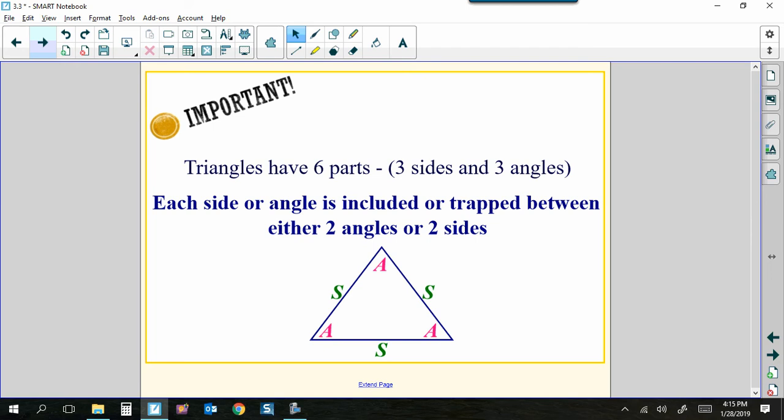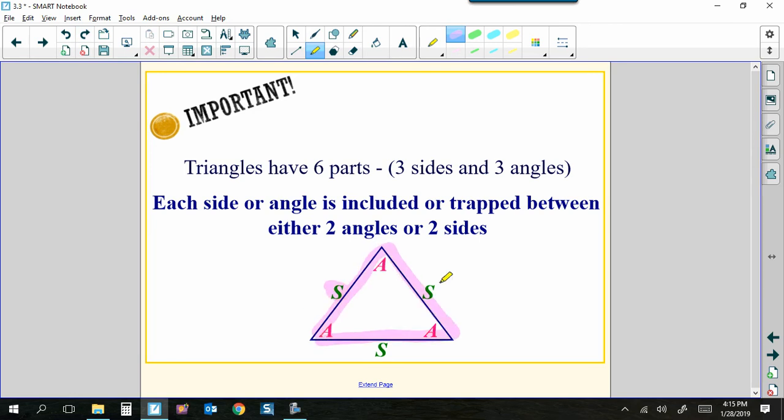So think of it as going clockwise or counterclockwise, naming the parts of a triangle. We've got this picture for you. If you're using this side, this angle, this side, you would read that as side, angle, side as you go around the triangle. It depends on what you know is congruent.